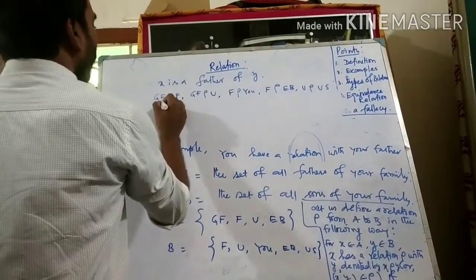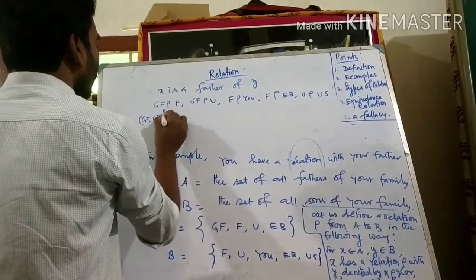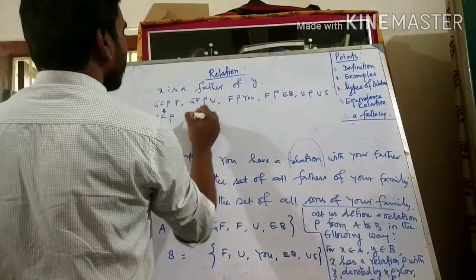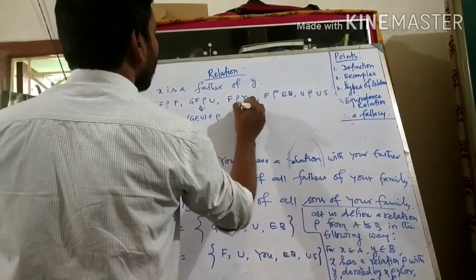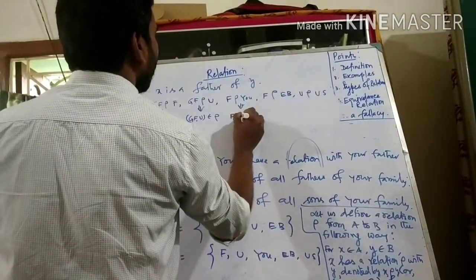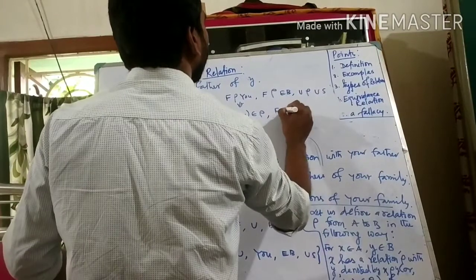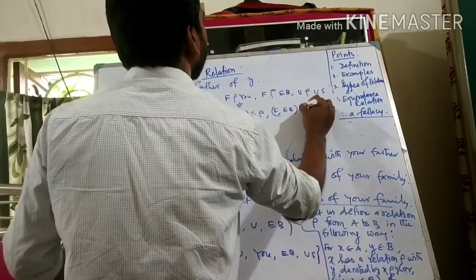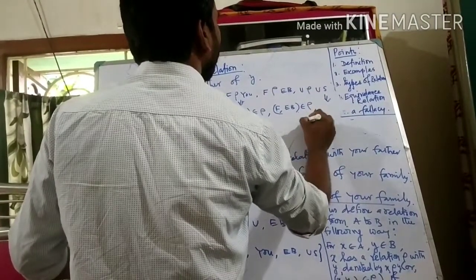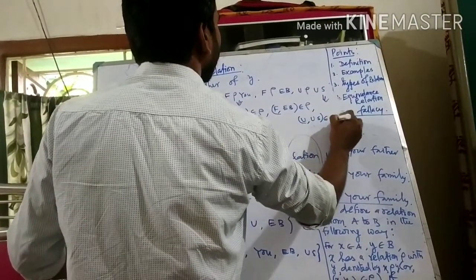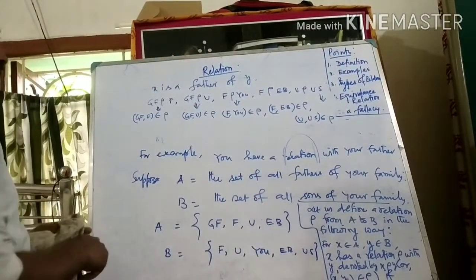So its equivalent notation is (GF, F) belongs to rho, (GF, U), (F, U), (F, EB), and (U, US) belongs to rho. So these are the only elements of the set rho.